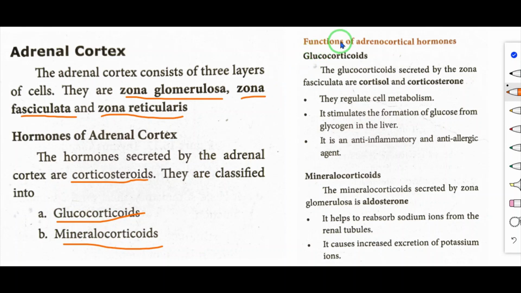First, let's see the functions of adrenocortical hormones, starting with glucocorticoids. The glucocorticoids secreted by the zona fasciculata, the middle layer, are cortisol and corticosterone.